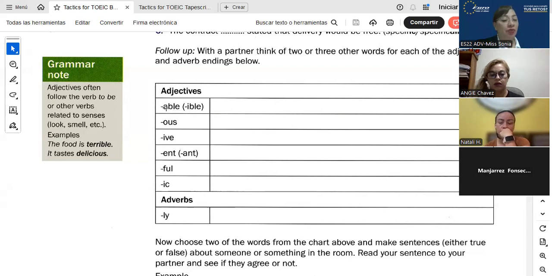Affordable, for example. We were talking about synonyms in the previous class, but there are no synonyms for affordable and comfortable that have the same ending. But okay, with ous, ive, ful, ic.